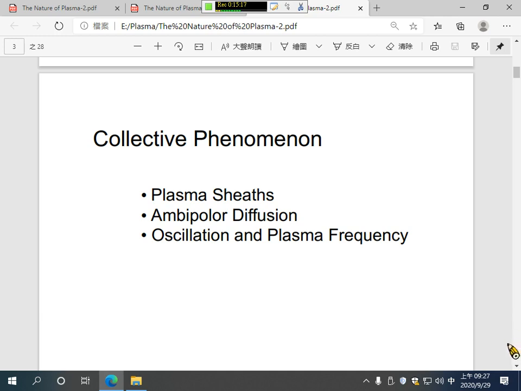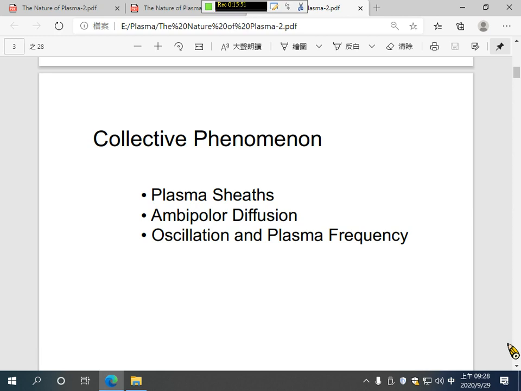In our class, we focus on plasma phenomena. When we study plasma, we just consider the collective phenomena. If the scale is large enough, we can consider the electrons and ions in plasma to be free, so they move freely.